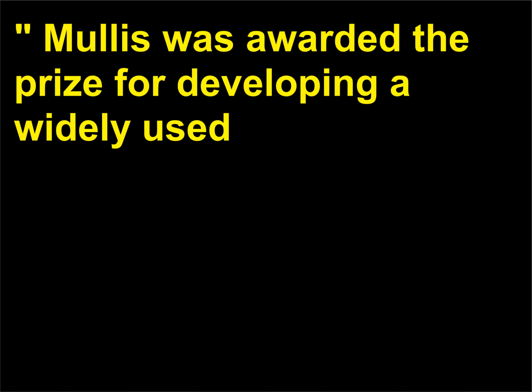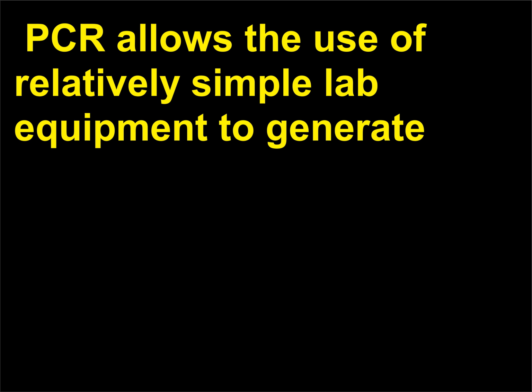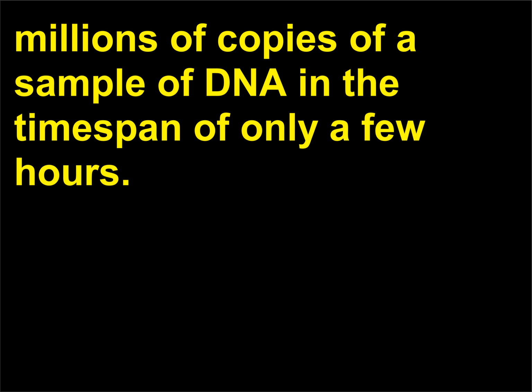Mullis was awarded the prize for developing a widely used laboratory method called the polymerase chain reaction, PCR, method. PCR allows the use of relatively simple lab equipment to generate millions of copies of a sample of DNA in the time span of only a few hours.